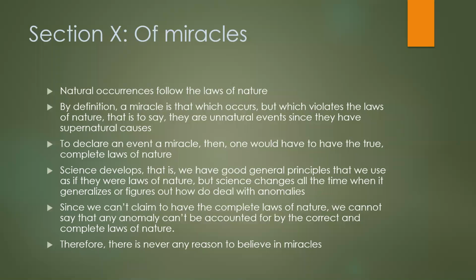Einstein, who really loved Hume, right? And so the idea here is that science progresses. At any given time, it's getting better and better. It's better than it was, but it's not as good as it will be. But what does that mean? That means that at any time, we never have the complete laws of nature.